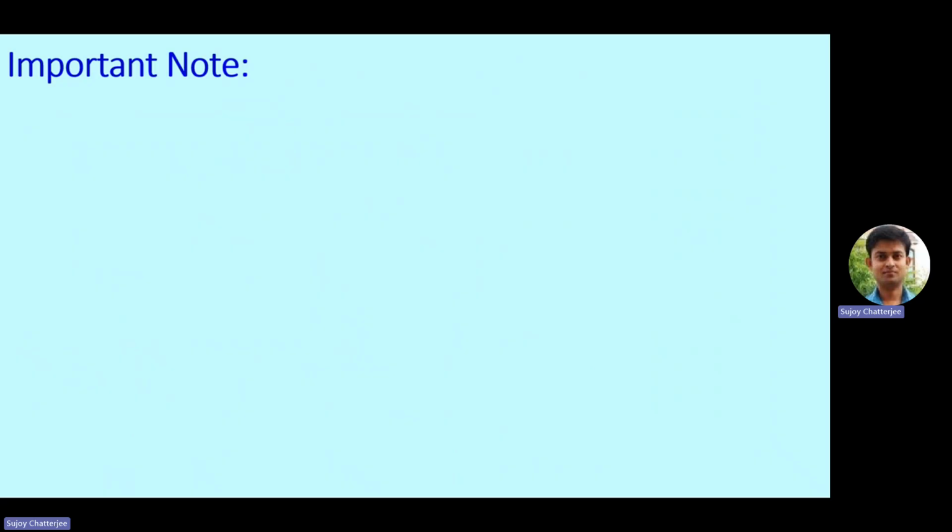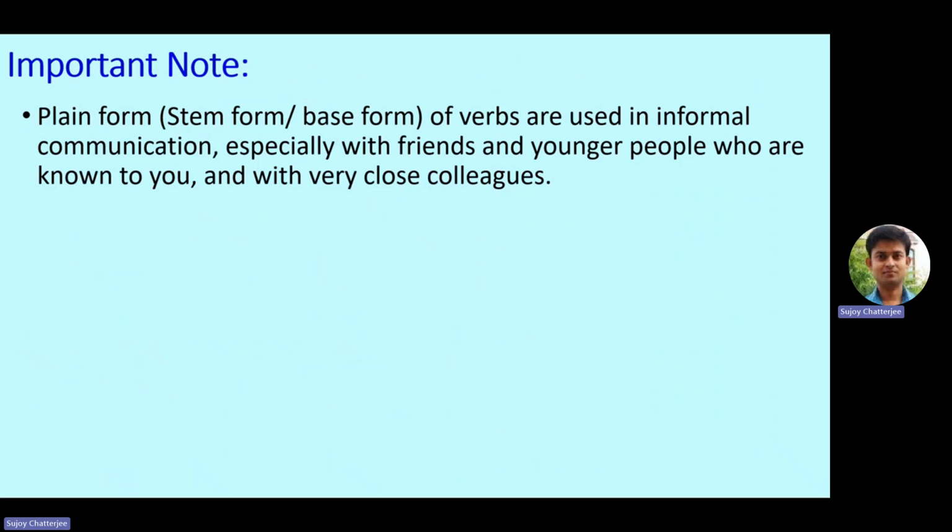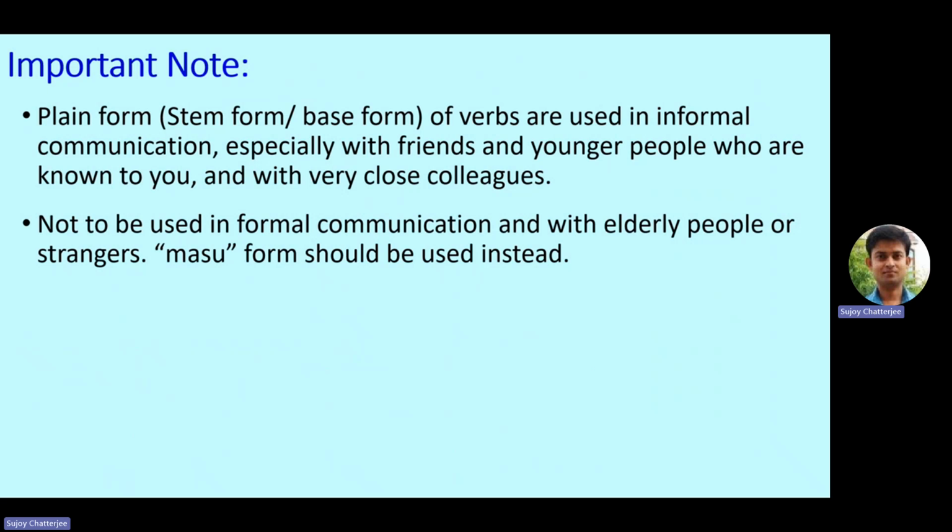But there are some important points that you must remember. First, the plain form, stem form, or base form of verbs is used in informal communication. That means to be used especially among friends and younger people who are known to you, and with very close colleagues also you can use, but never use these plain forms, for example tabeta, kita, nakatta, in formal communication, and not with elderly people, your superiors at work, or strangers.